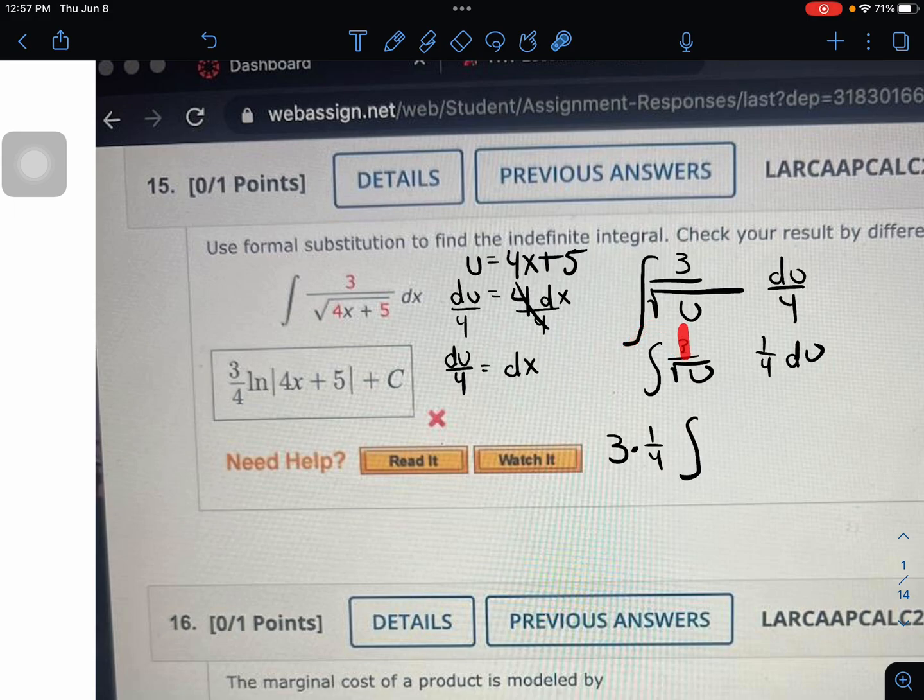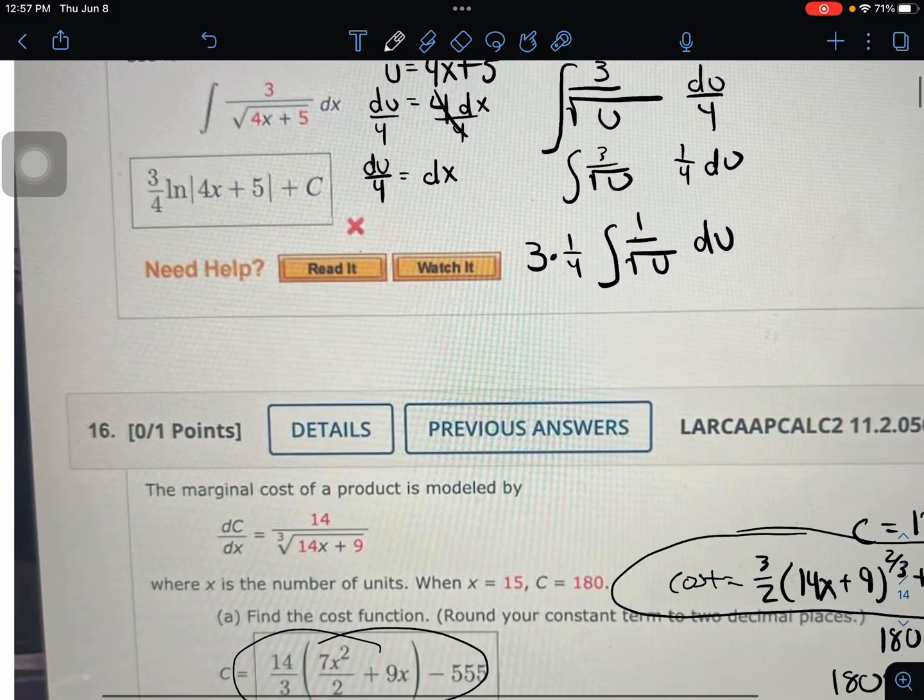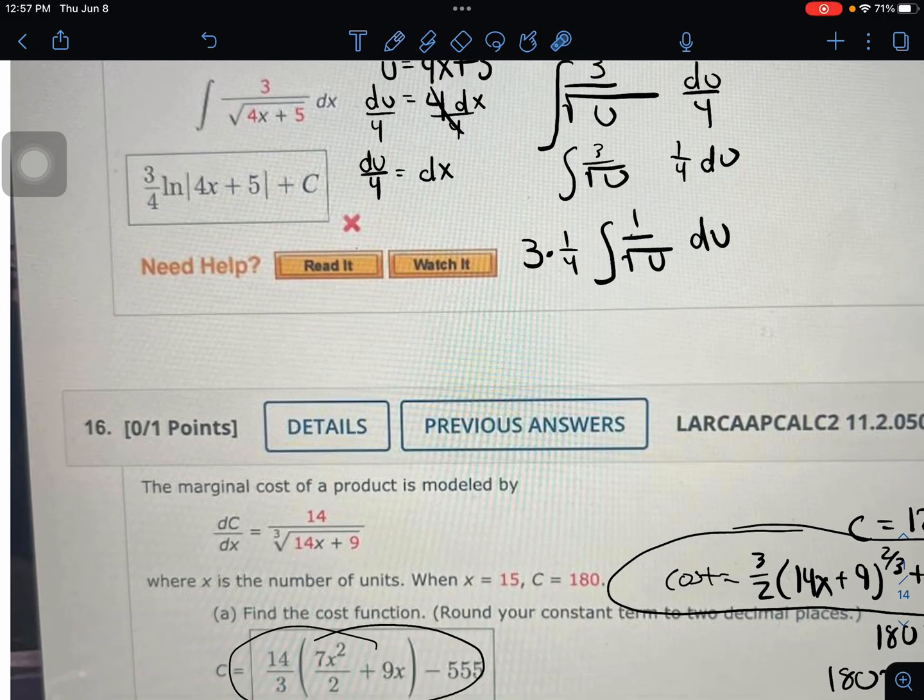Now there's just going to be a 1 up here. So it's going to be 1 divided by square root of u. And this 1/4, that's no longer there because I just pulled it outside. So it's just a du. And of course, 3 times 1/4 is 3/4. And I'm taking the integral of 1 divided by square root of u with respect to u.